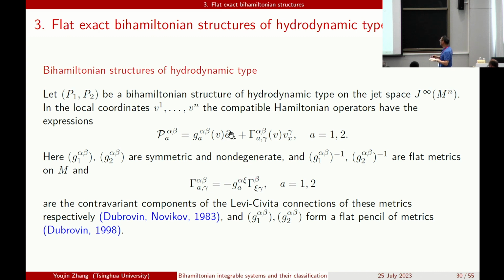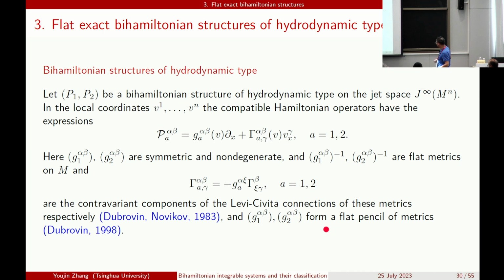So for this class of Hamiltonian structures, we are clear. They always correspond to a flat metric on the manifold. Okay. Then we require that the P1 and P2 form a bihamiltonian structure. We need to impose some additional conditions apart from the flatness of G1 and G2.